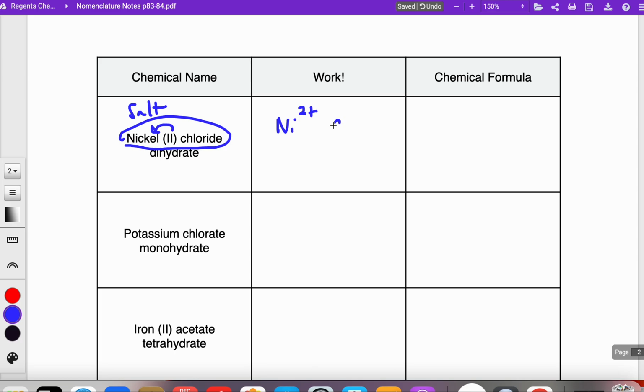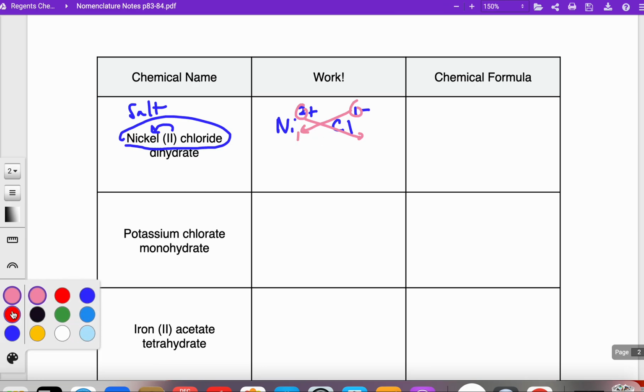Chloride refers to chlorine, which is Cl, and that uses a -1. So when I use my crisscross method, I come up with the salt's formula as NiCl2. Next step, big fat dot.